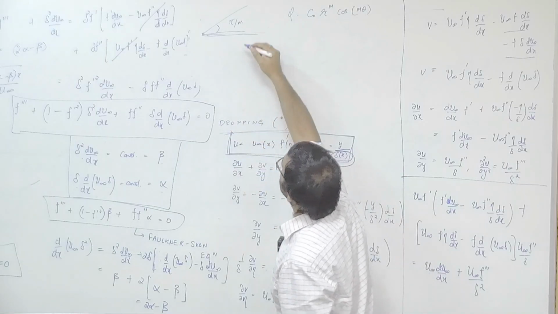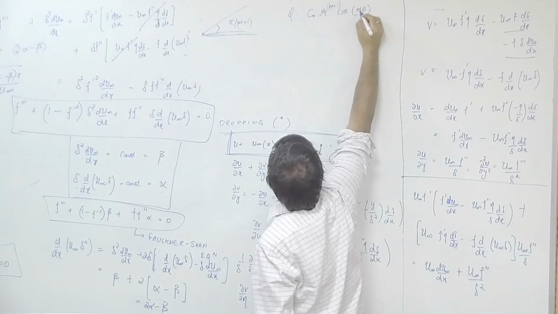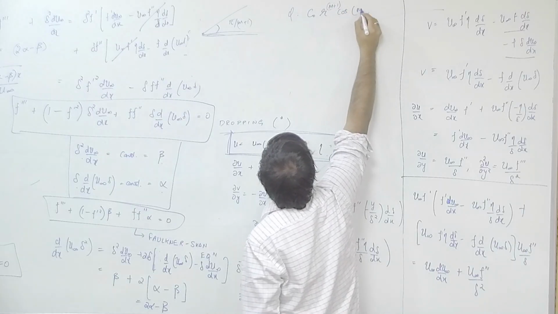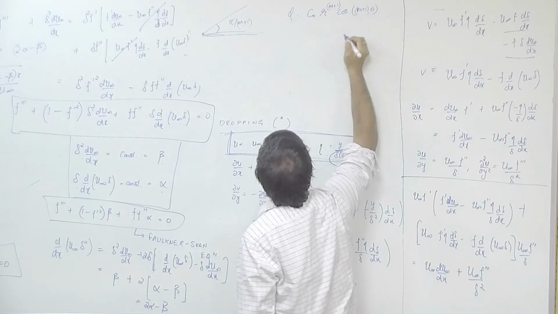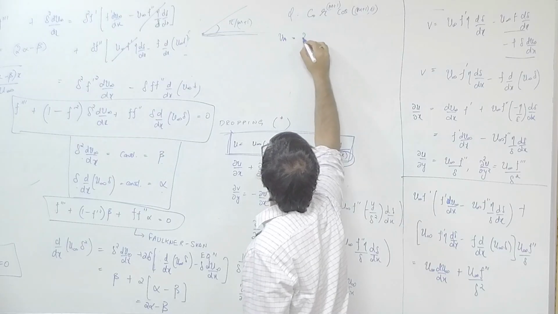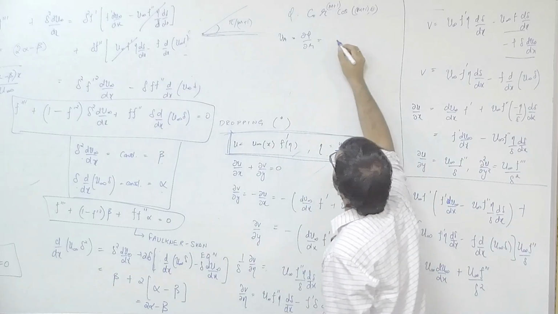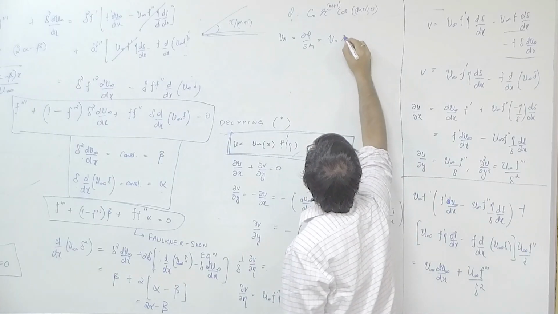Let us for a minute, instead of m, write m plus 1. If phi is given like this, then the radial velocity is del phi over del r, which is some constant.